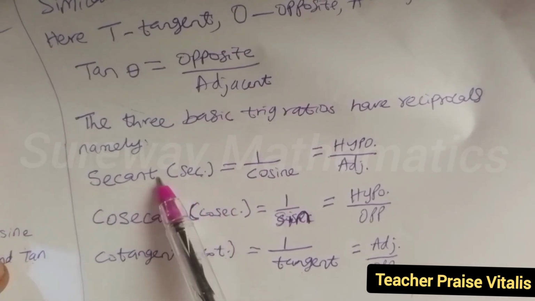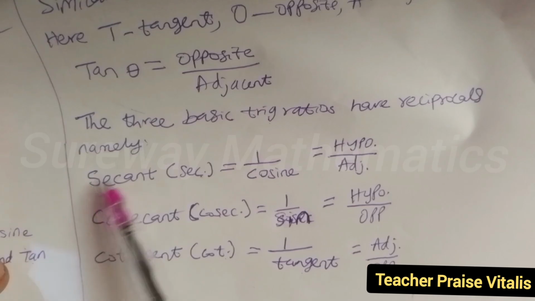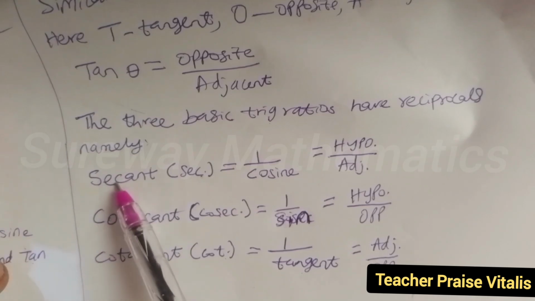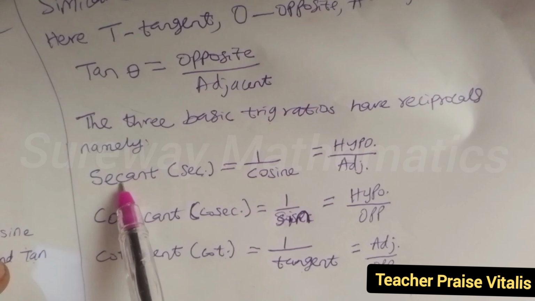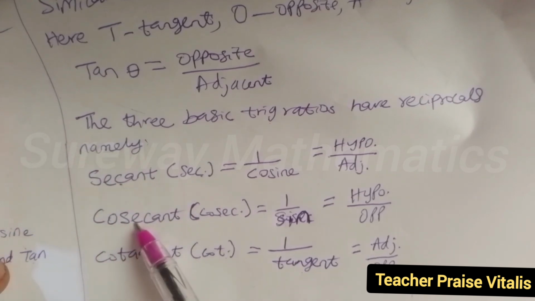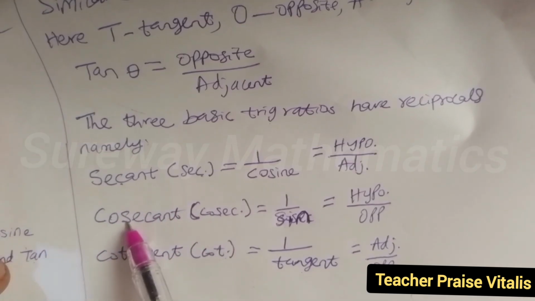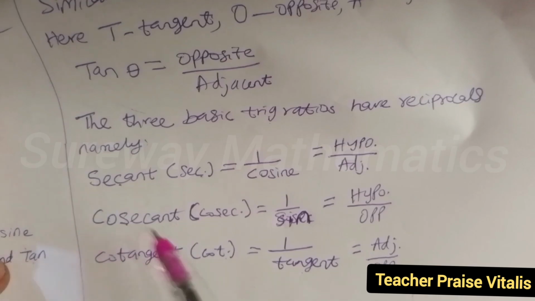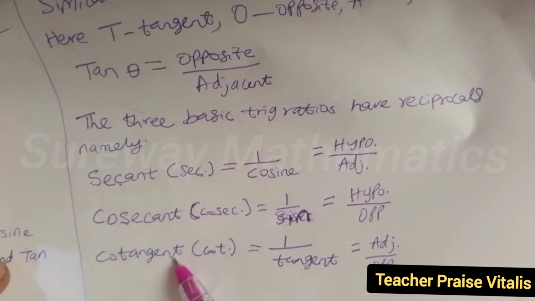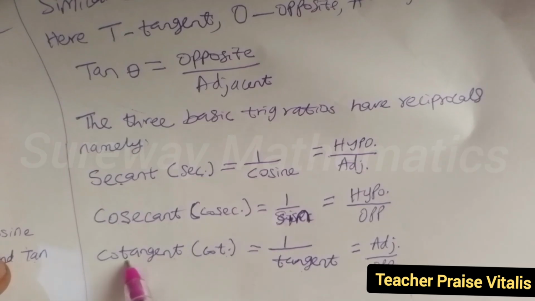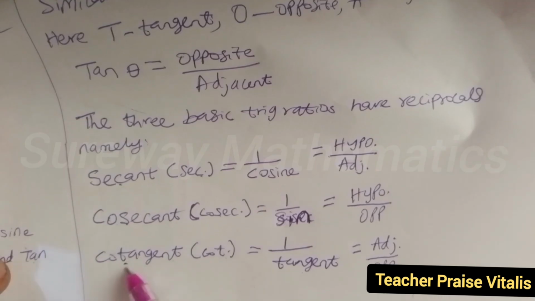For instance, secant is S-E-C, so C is the third letter, representing cosine. In cosecant, we have S as the third letter, representing sine. So cosecant is the reciprocal of sine. And the last one is cotangent. T is the third letter in the word cotangent, therefore representing tangent, the reciprocal of tangent.